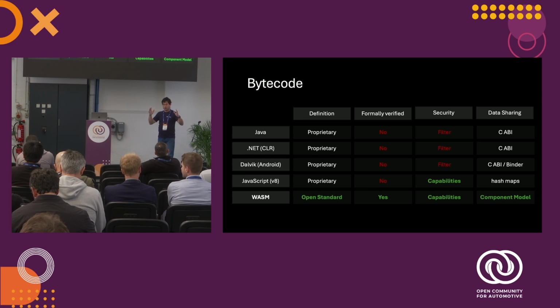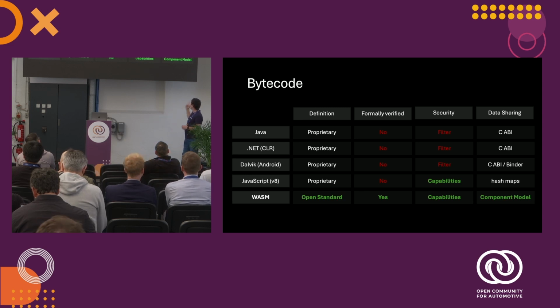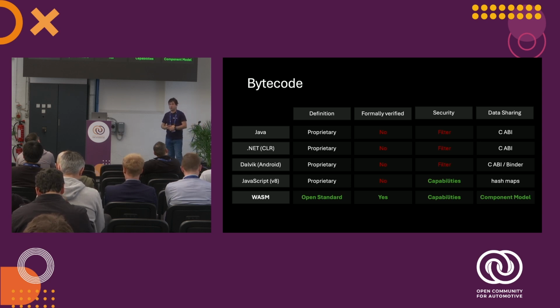And then we have data sharing. Data sharing not among modules that are written in the same language, but among modules written in different languages. The problem is Java, .NET, and Dalvik can all interact with the outside code through the C API, which is 40 years old.